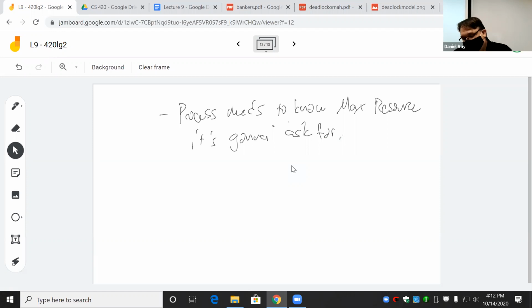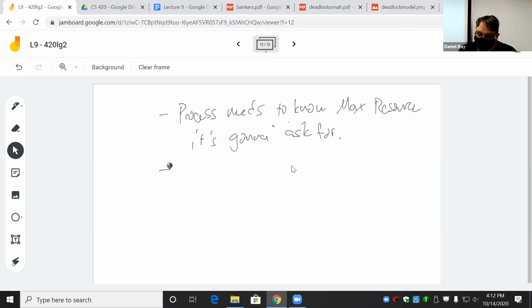Okay. This falls under more theoretical than anything else. Now there are some practical applications, but they are based on estimates, the best estimate we can give of the maximum number of resources that a process might want.